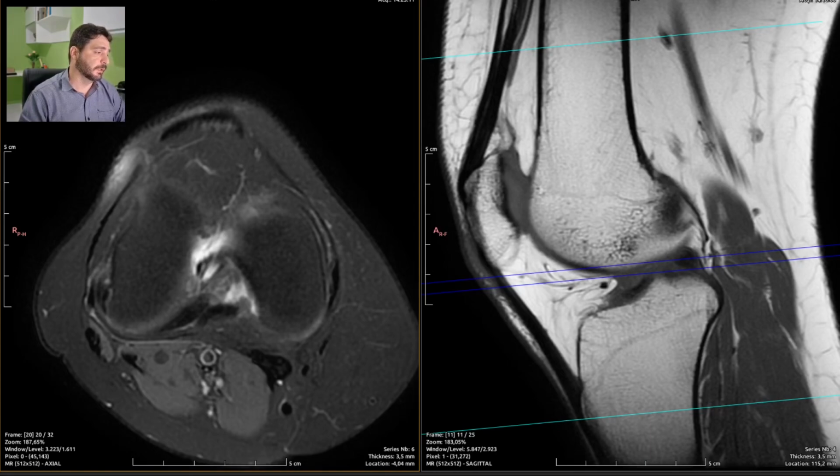So let's describe the mild tendinitis of the proximal extremity of the patellar tendon. No signs of tears, ruptures.